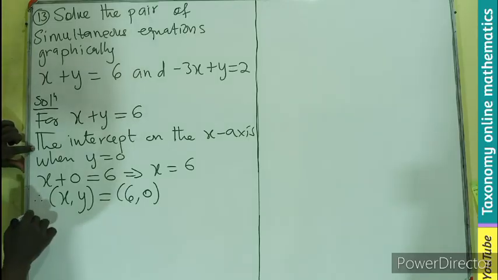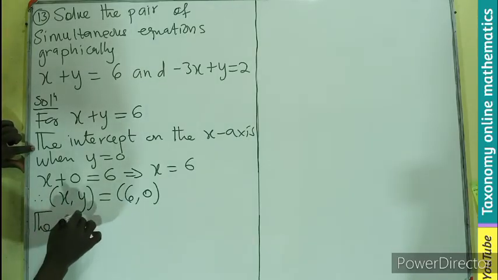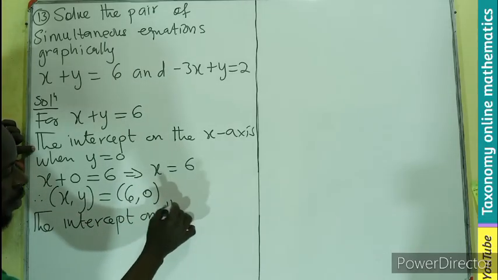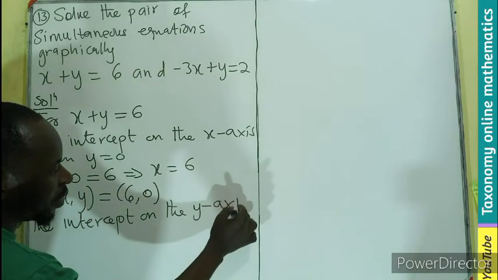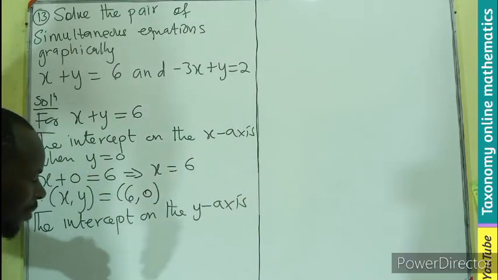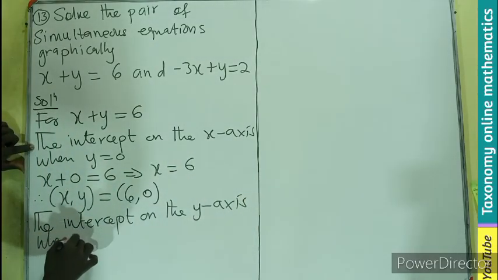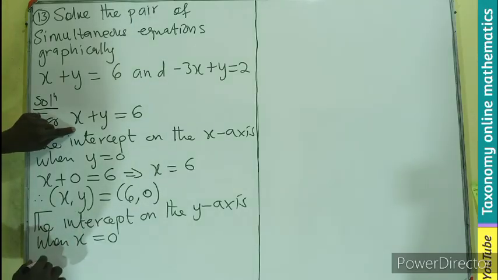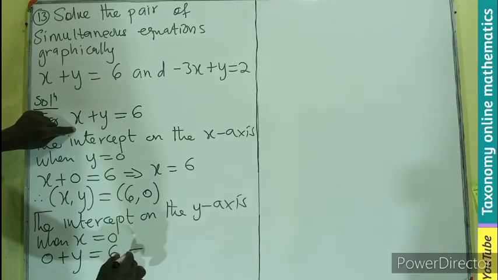Then the second one is finding the intercept on the y-axis as well. What does it also mean? It means that the value of x will be 0. So in the same equation, 0 plus y will be equal to 6.